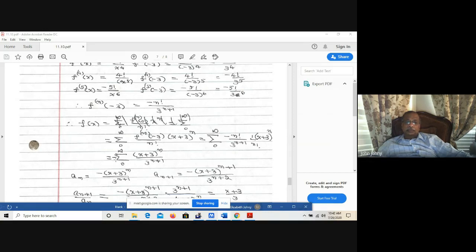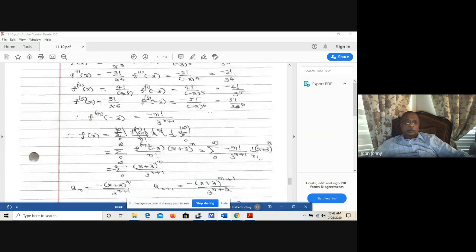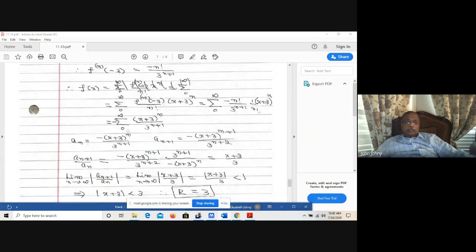So it is going to be sigma 0 to infinity of (x plus 3) to the power of n over 3 to the n plus 1.